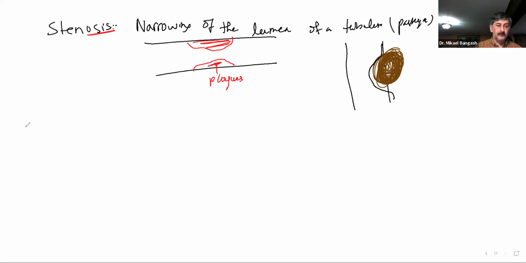But with that said, the common reason for narrowing of a blood vessel is most likely going to be plaques, atherosclerotic plaques or fatty plaques. Is that clear?